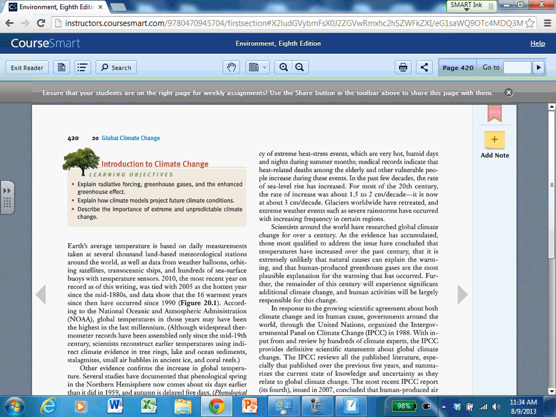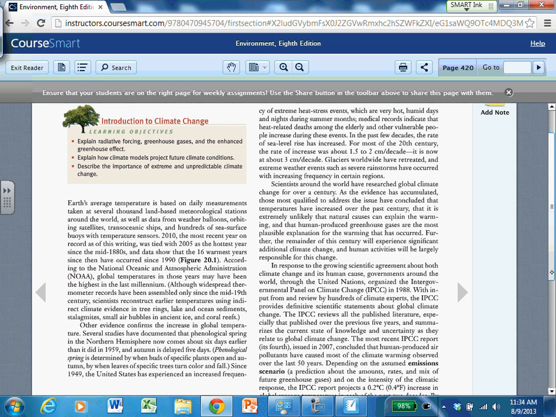Start with the objectives, read it, look at the figures, all of that as you go through your reading, underline, etc. So do that now. Okay, good. Let's continue to the reading.